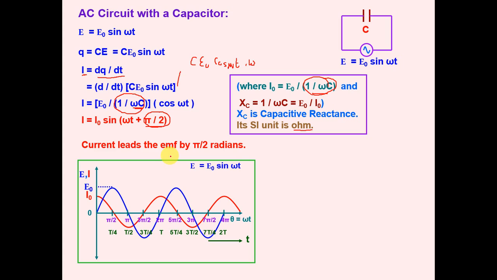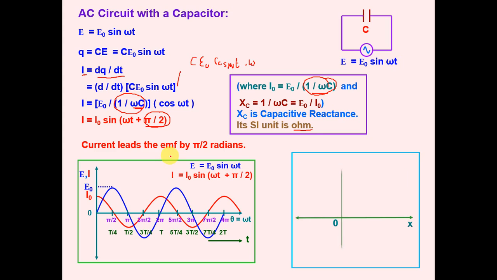In the phasor diagram, the EMF lags behind, but the current is leading, so you have to show the current as the leader. The EMF is now lagging behind by an angle of pi by 2.